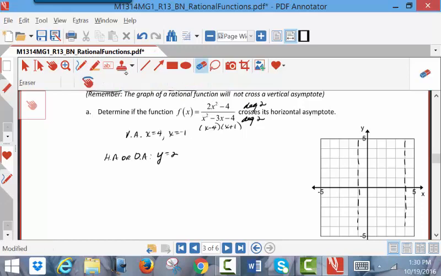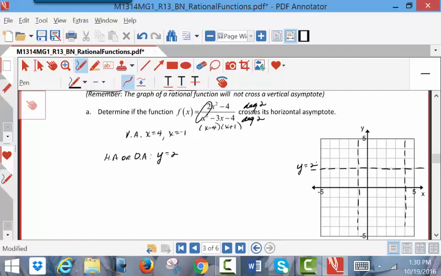That is the ratio of the leading coefficients, 2 over 1. So right here is your horizontal asymptote. Okay, you will never cross your vertical asymptotes, but this function, when graphed, might cross a horizontal asymptote.